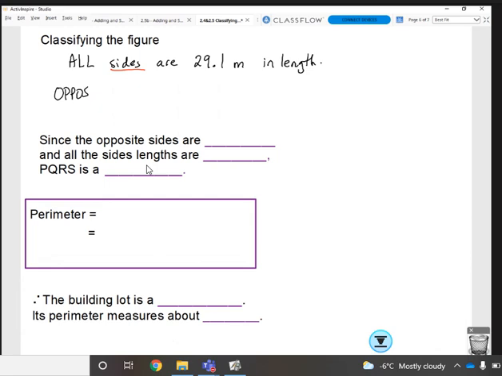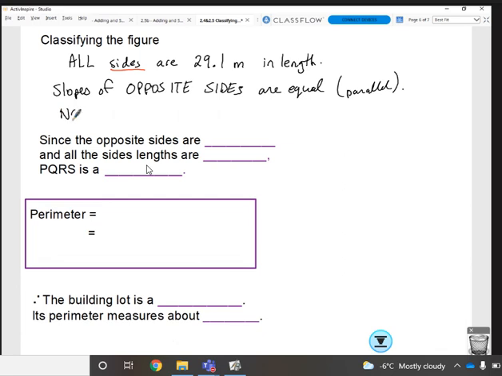Slopes of opposite sides are equal, which means that they're parallel lines, which we know from Unit 1, of course, and even Grade 9. And we can say there are no negative reciprocals, meaning no 90 degrees.